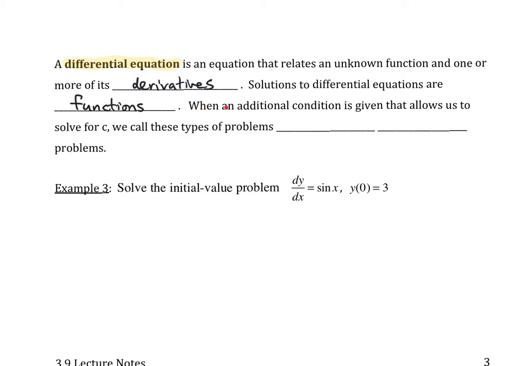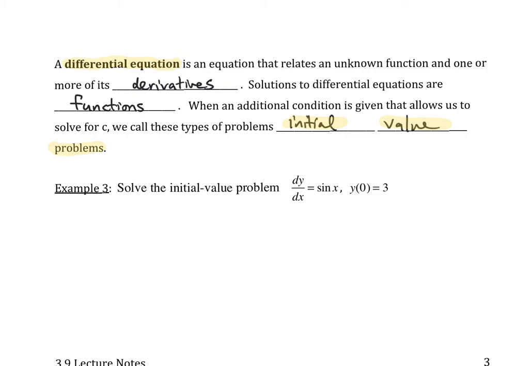So when an initial condition is given that allows us to solve for c, we call these types of problems initial value problems. Let me highlight that. Initial value problems. So what's the deal?